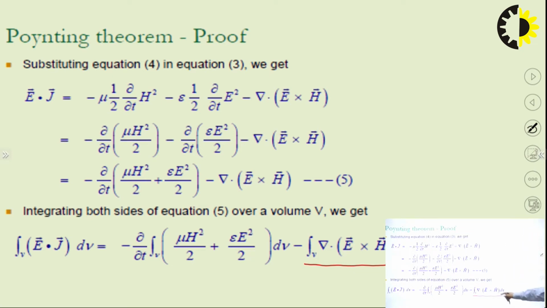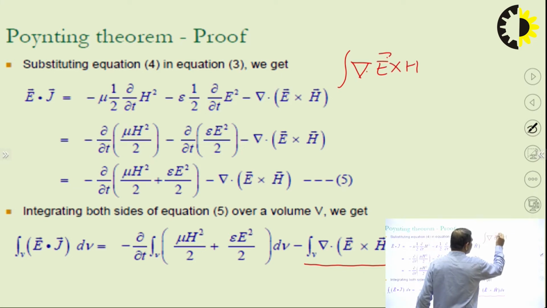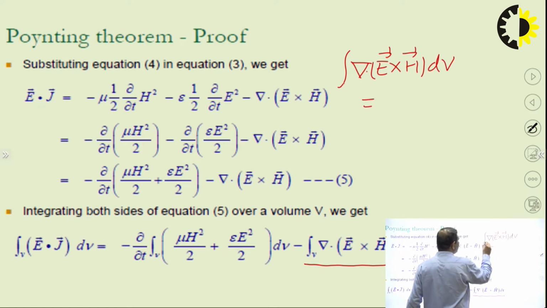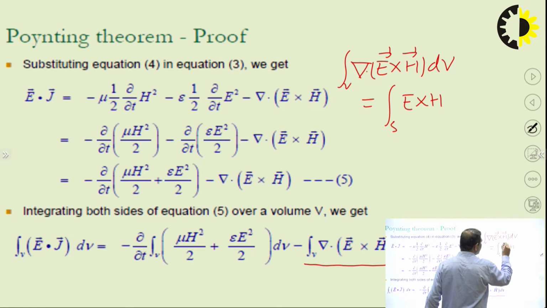After applying it, we can easily convert this volume integration into surface integration. So the volume integration of divergence of E cross H dV will simply be changed into the surface integration of E cross H dS.